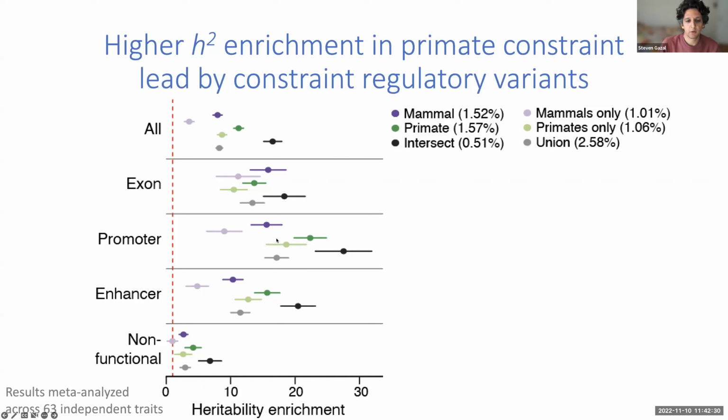Regions constrained only in primates were way more enriched in promoters than regions constrained only in mammals. We see the same pattern for enhancers, highlighting that constraint in primates might be more relevant for analyzing regulatory regions than constraint in mammals, probably because regulatory regions are mostly shared across primates, but not across mammals.